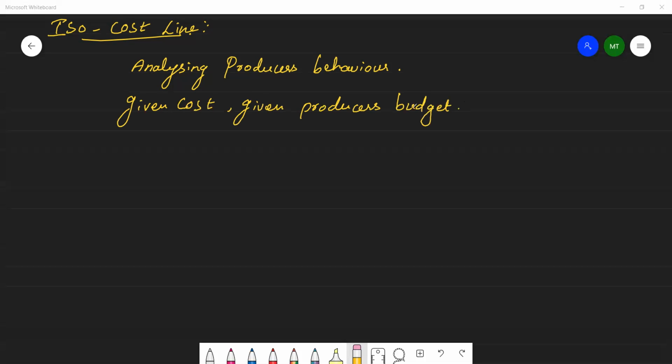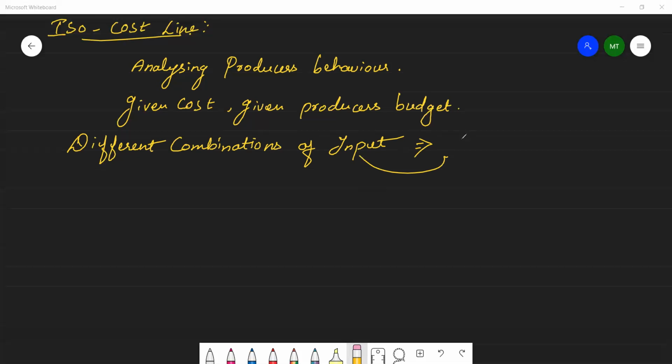Simply stated, an isocost line represents different combinations of inputs which show the same amount of cost.